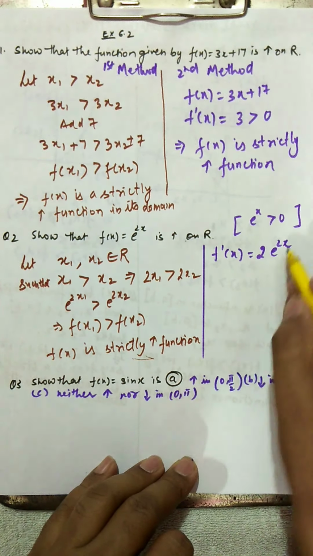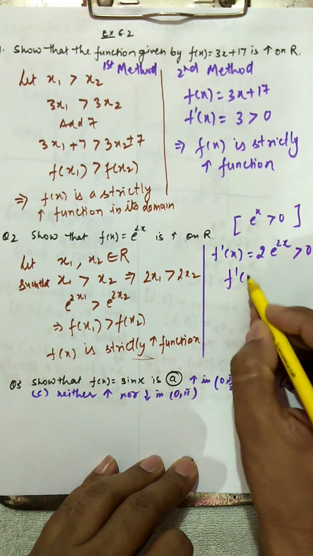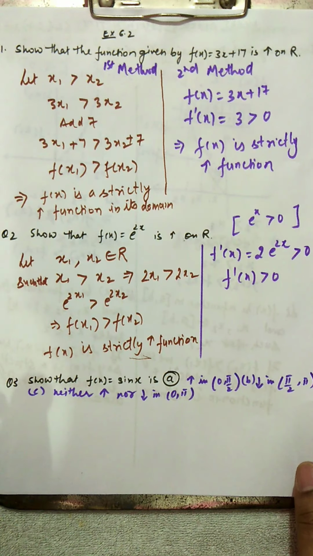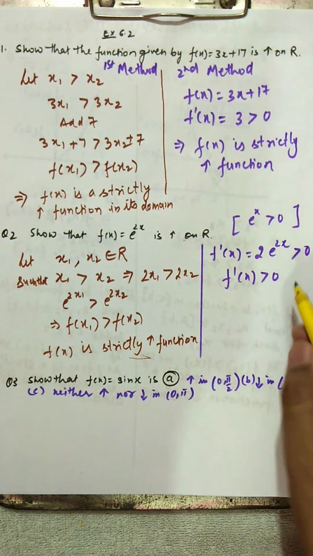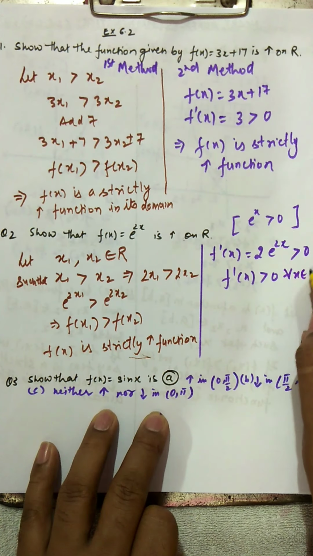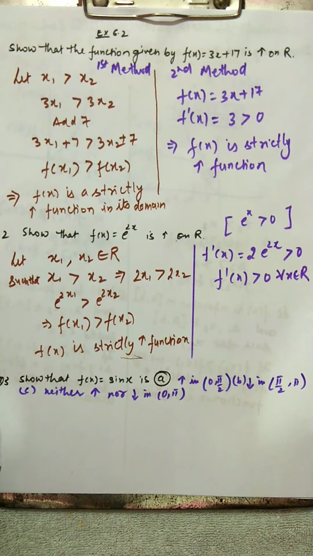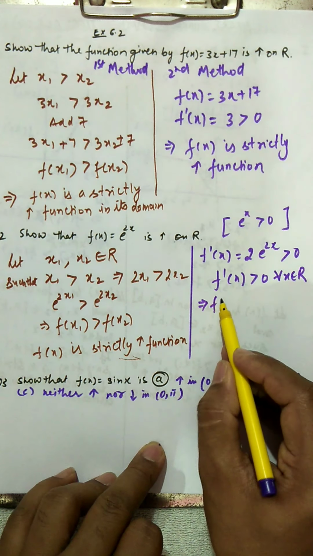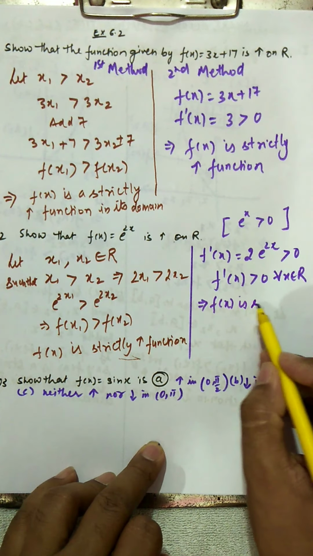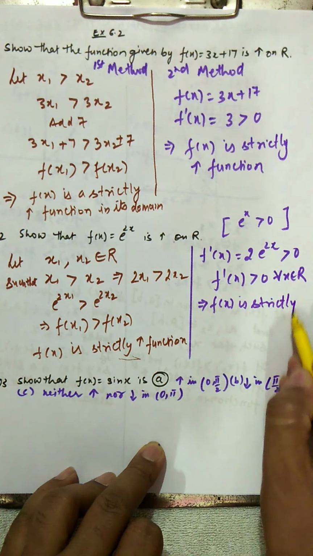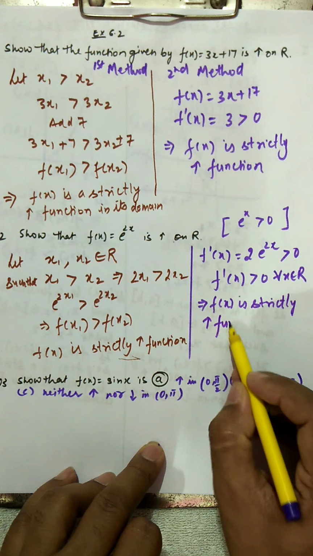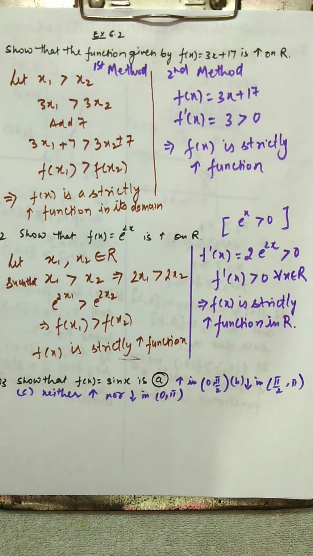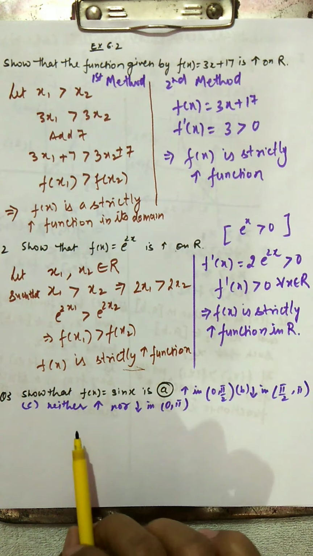So it means that your f'(x) is going to be greater than 0 for all x belonging to the domain, for all x belongs to R. R means the domain. Now it implies that f(x) is a strictly increasing function in R.